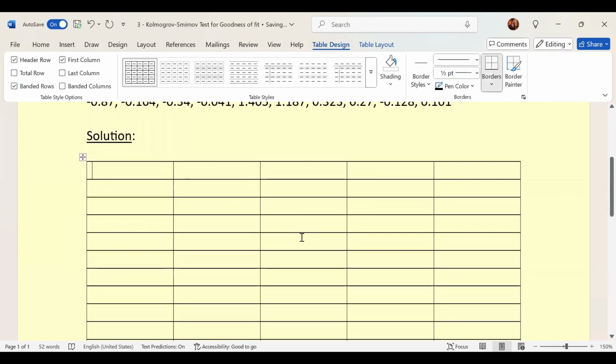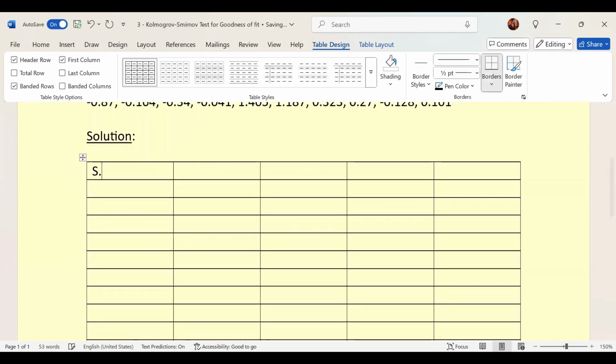So the first column will be the serial number. Then the values that are given, which we will organize in ascending order.